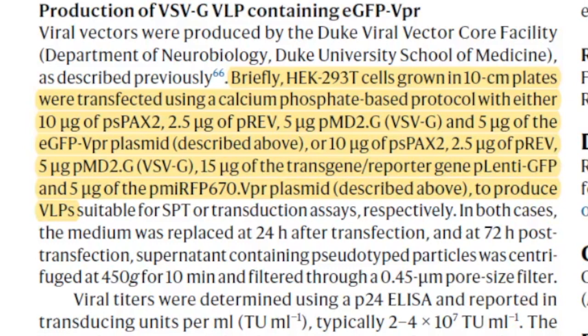Then they mixed in a whole bunch of pieces of DNA, mostly in plasmids, which is a circular form of DNA that is found primarily in bacteria, but they use it for a lot of genetic experiments. And these plasmids are said to come from different viruses like HIV and like the VSVG that we talked about earlier, and even some others.